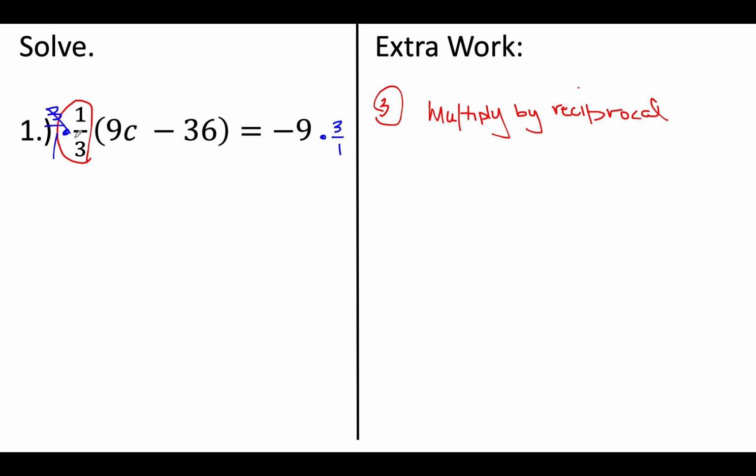When you do this, these cancel out. You're left with 9c minus 36 is equal to negative 27, which looks a whole lot like the proportion format, and it is. We're going to then add 36 to both sides.